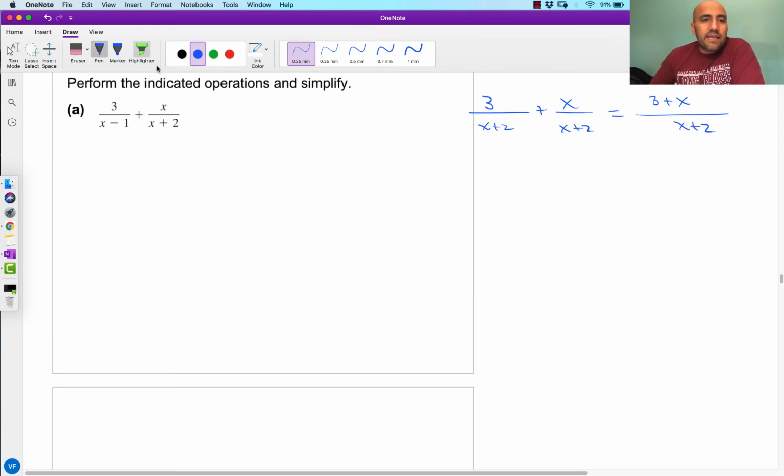Right? We keep the same denominator and add the 3 plus the x. So that's the case where we have a simpler situation.